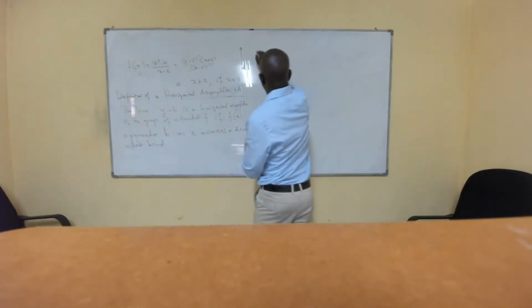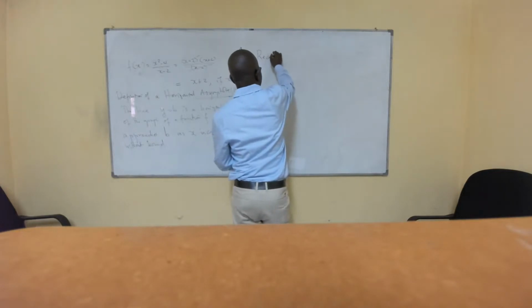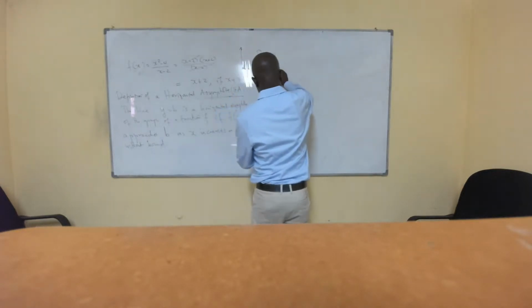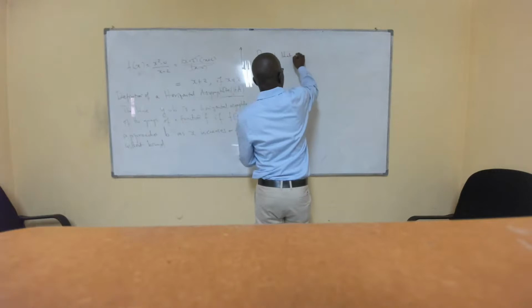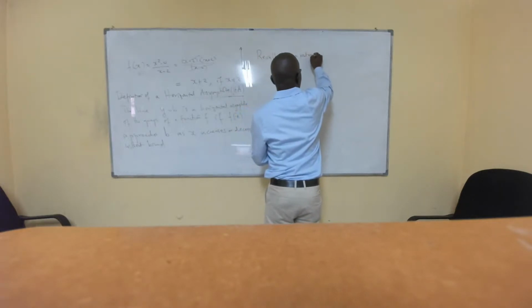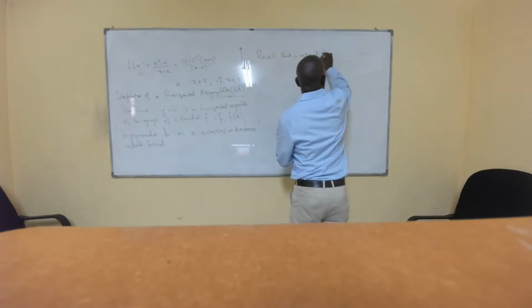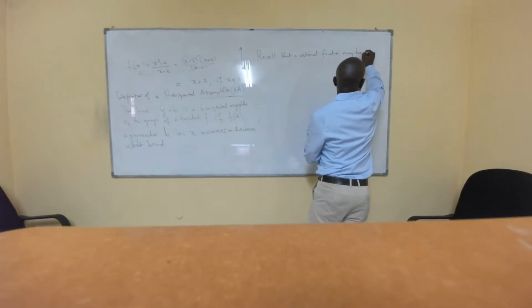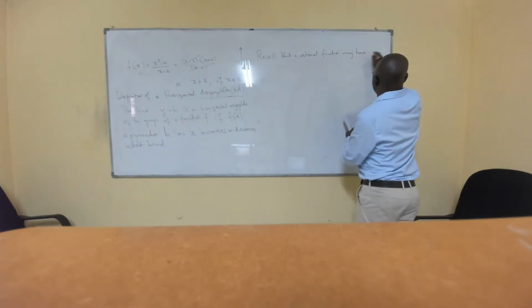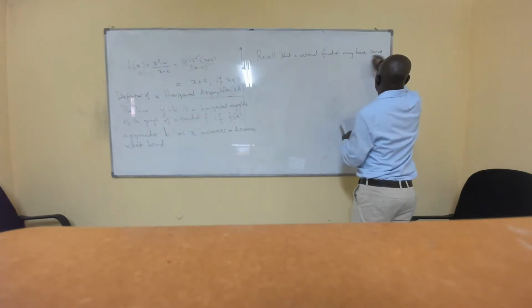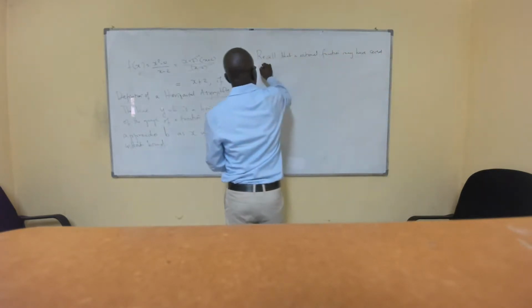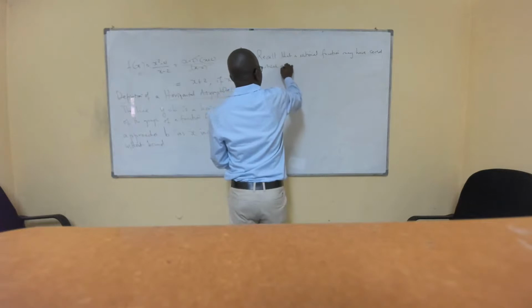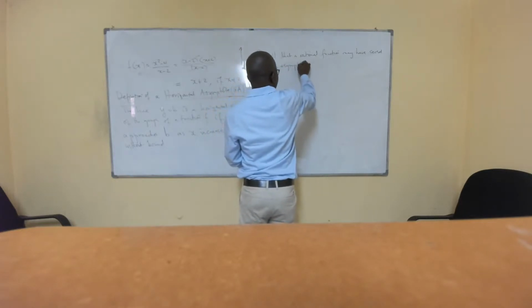So recall that a rational function may have several vertical asymptotes.